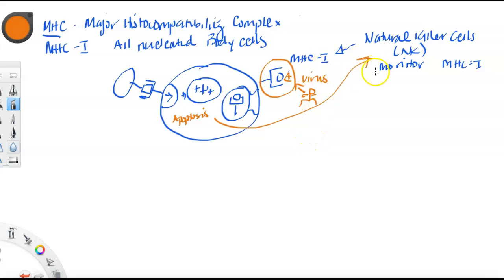Okay, it is monitoring and looking at what it is posting on its MHC1 complexes. Okay, natural killer cells also are looking to make sure that they are presenting MHC1 because some viruses and cancers especially can inhibit that and stop the cell from making MHC1.